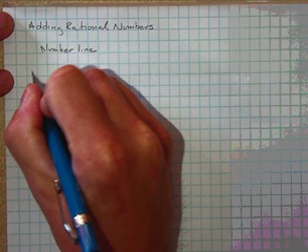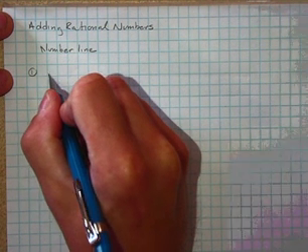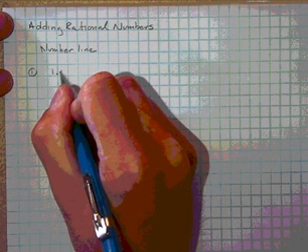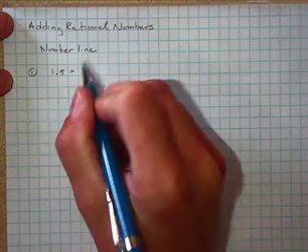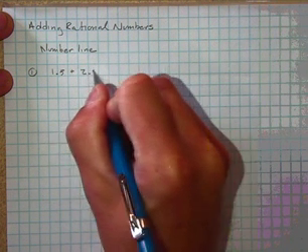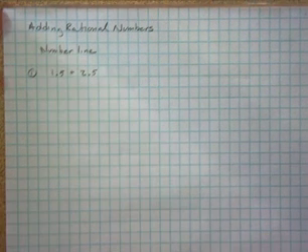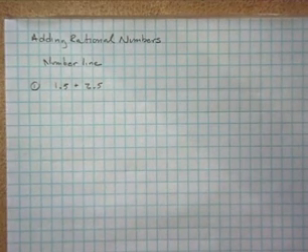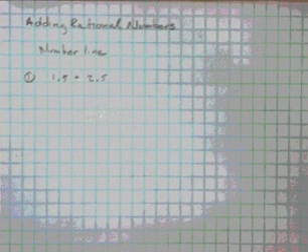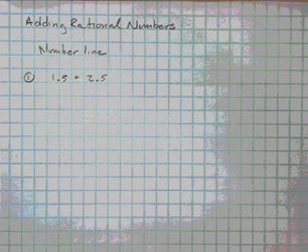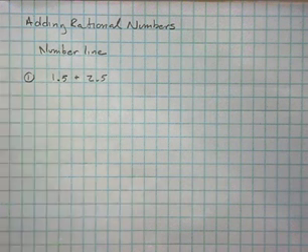So our first example is going to be 1.5 plus 2.5. Now most of us can do that in our heads, but what I want to do is represent it on a number line.